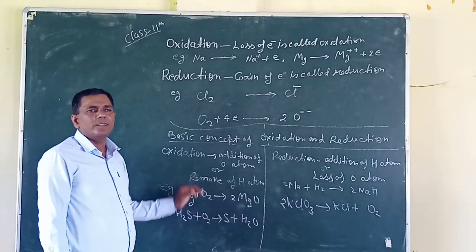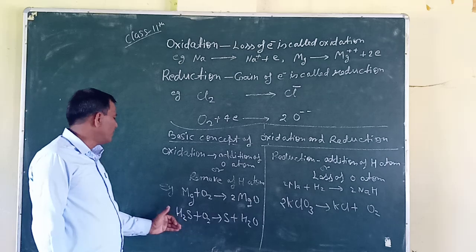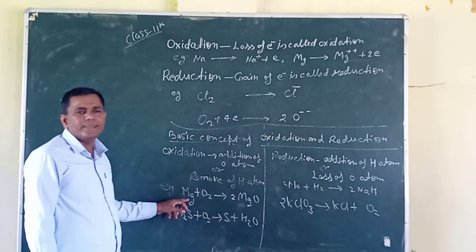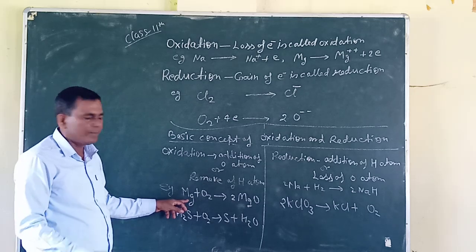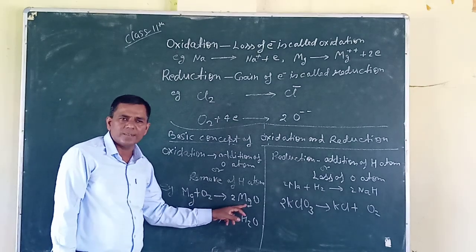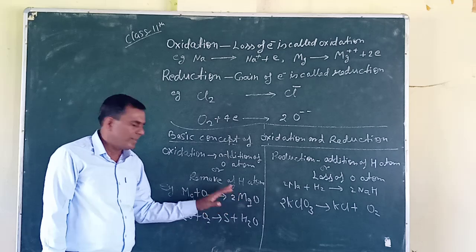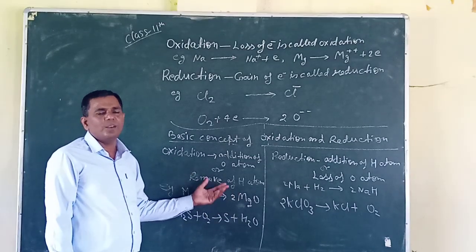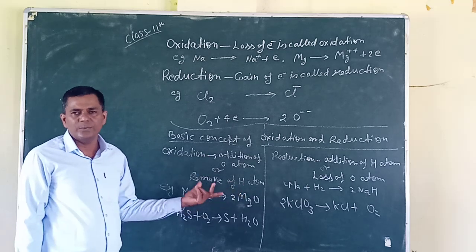So this is called oxidation, because an oxygen atom is added to the magnesium metal. Clear? In other words, loss of hydrogen, removal of hydrogen.